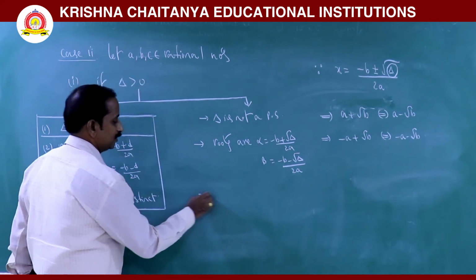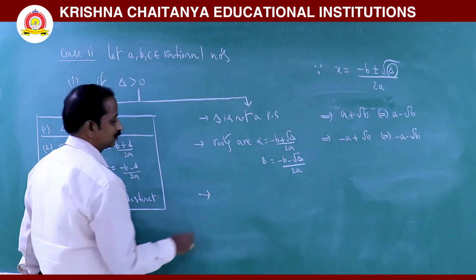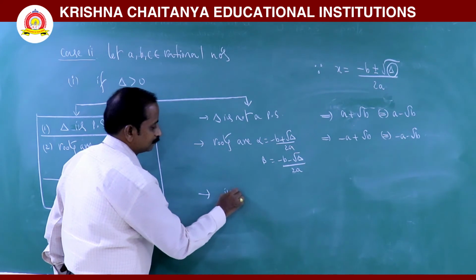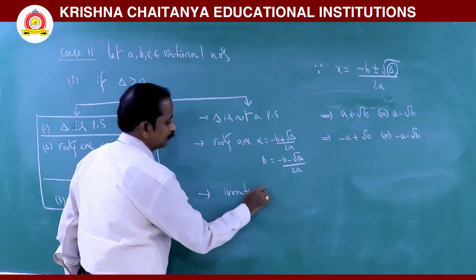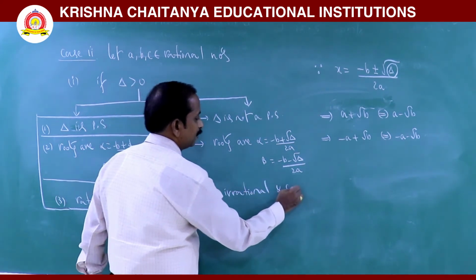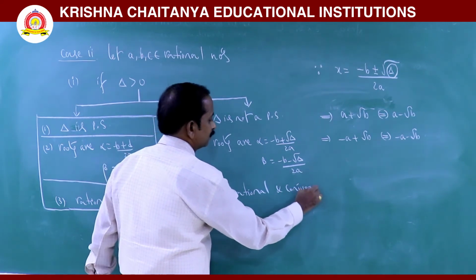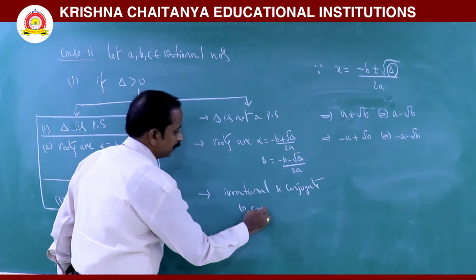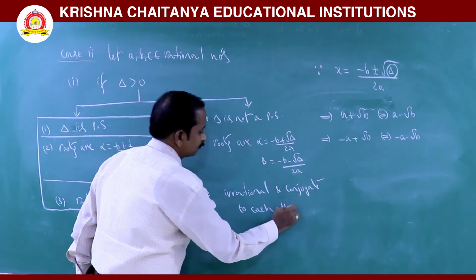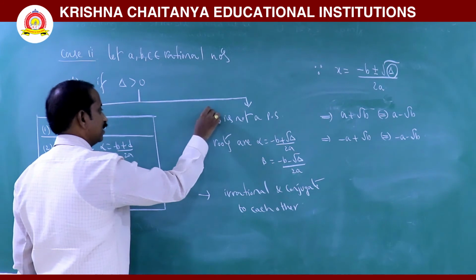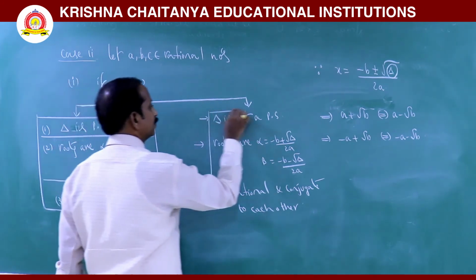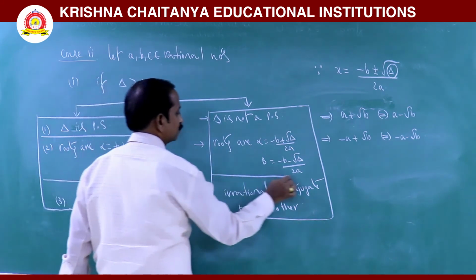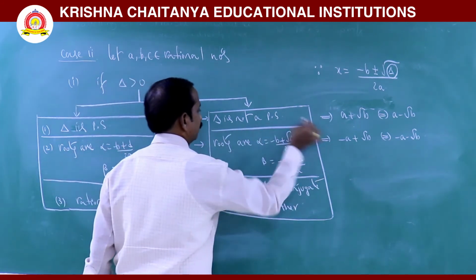So now in this case, what is the nature of the roots? The nature of the roots is irrational and conjugate to each other. This is the case of delta greater than 0, in which delta is a perfect square or not a perfect square.